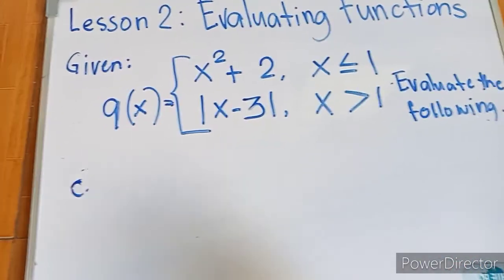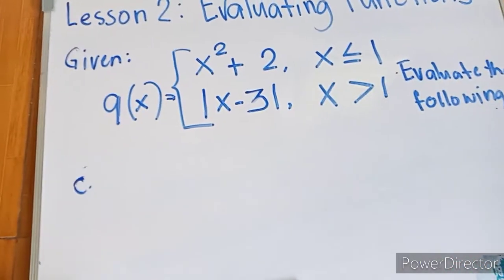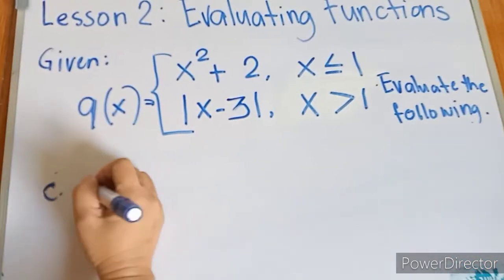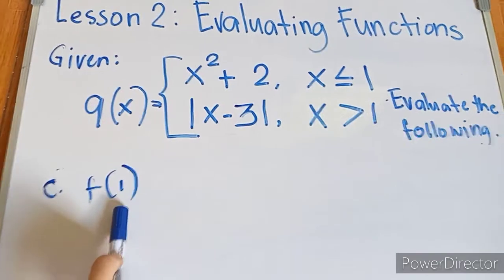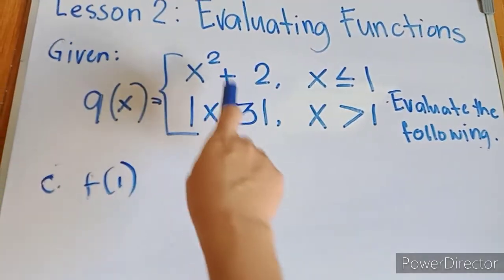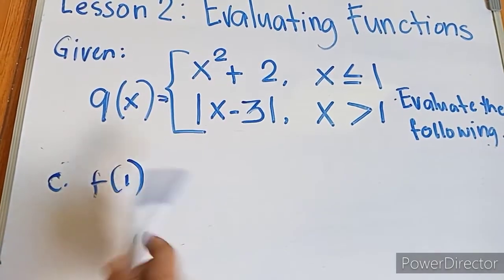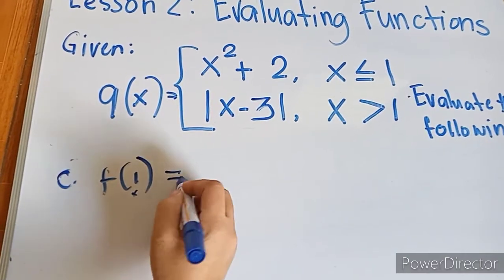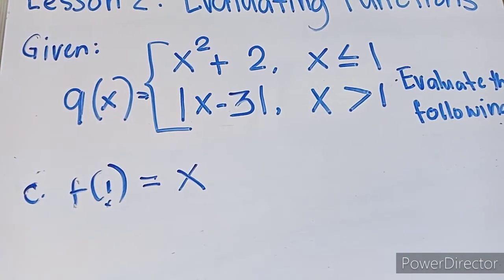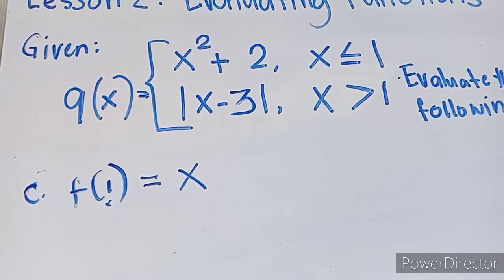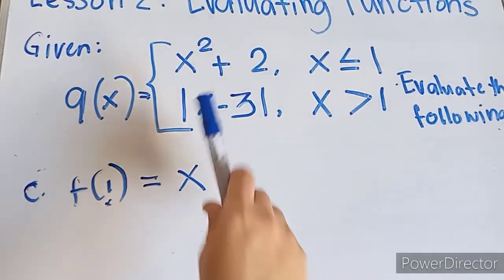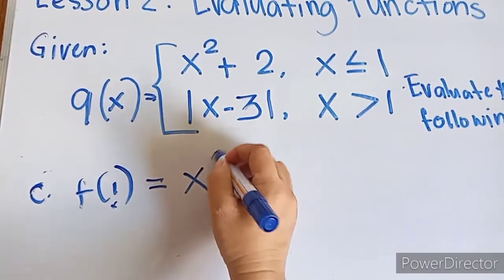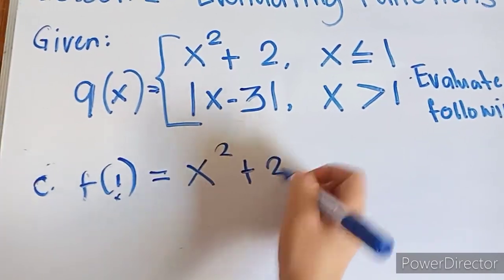For letter C, in our module, we have to evaluate f of positive 1. Now, it's positive 1. So, which of the functions are we going to use since the value of x here is positive 1? Since positive 1 belongs to the condition where x is less than or equal to 1, we will be using the first function, which is x squared plus 2.